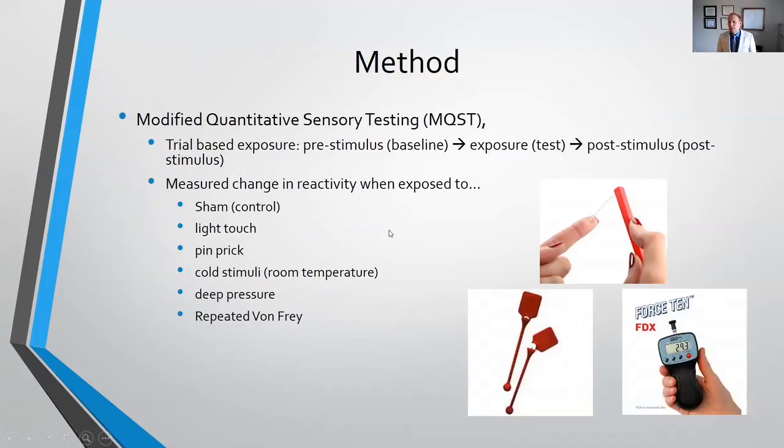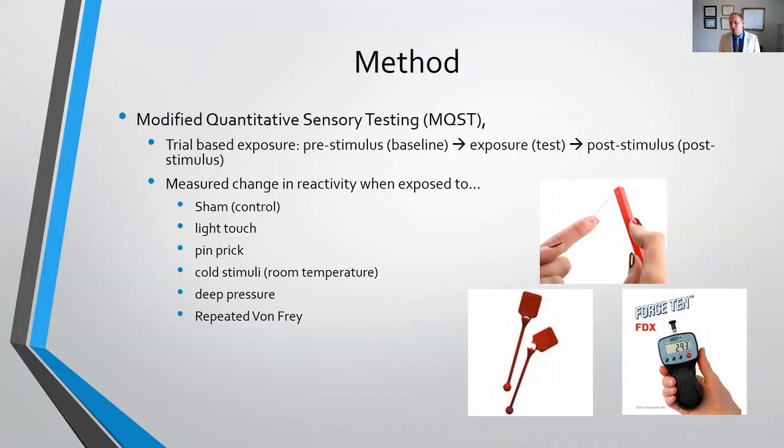So the method was we conducted modified quantitative sensory testing, a trial-based procedure that involved a period with no stimulation, then no stimulation again. Stimulation was applied to the left trapezius muscle of the back. The reason we selected that location was that some of these individuals were aggressive and we didn't want to set the therapist up to be aggressed too.